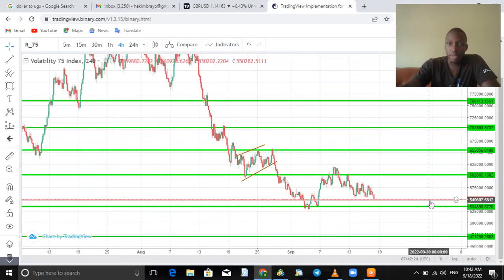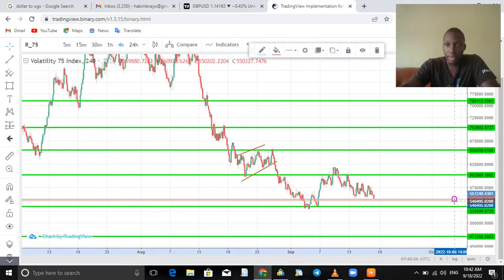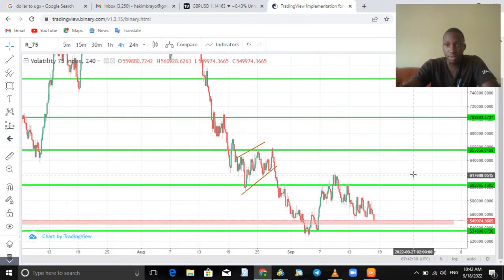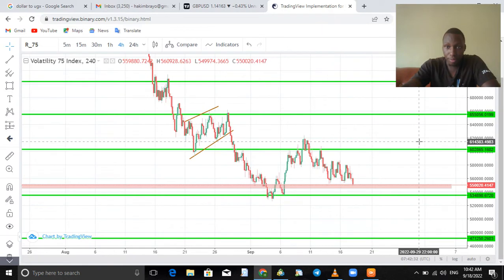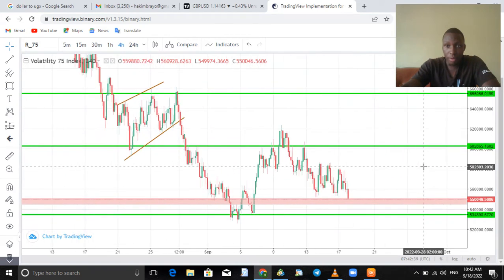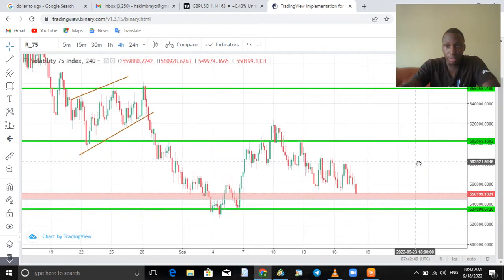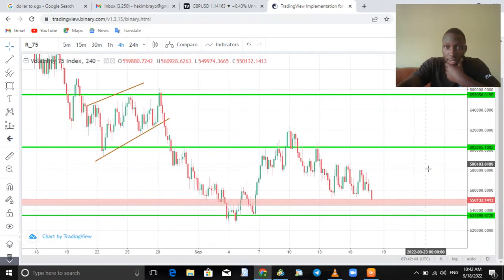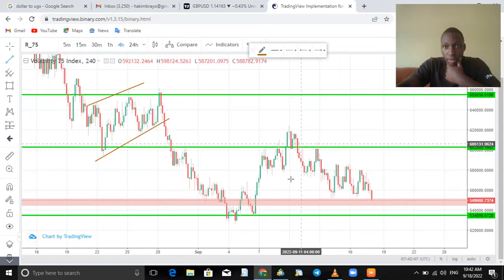Now we want to see whether in this downtrend we're going to be experiencing some little reversals from this pair, or there is not going to be any reversal. When you zoom out, you can see 75 index has been a pair which was consolidating a lot around this area.